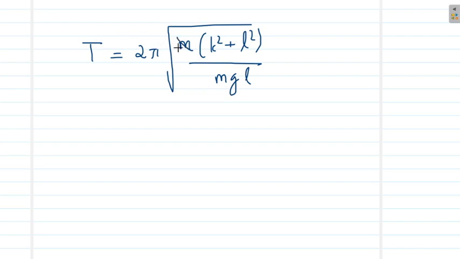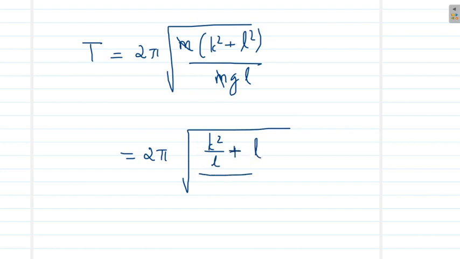So m will cancel out, and the remaining terms can be written as 2 pi into root of k square by L plus L square by L, which is L itself, divided by G. So this is the equation for time period of a compound pendulum. L is the length of the compound pendulum that is defined in a specific way. K is the radius of gyration of the compound pendulum, and G is the acceleration due to gravity.